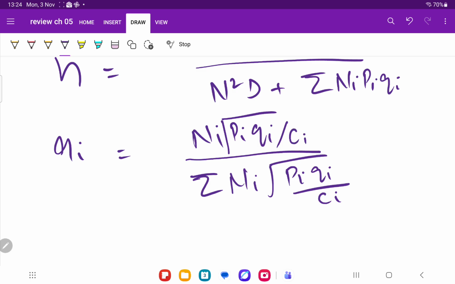And the sum is going from 1 up to L. L is the number of strata basically.